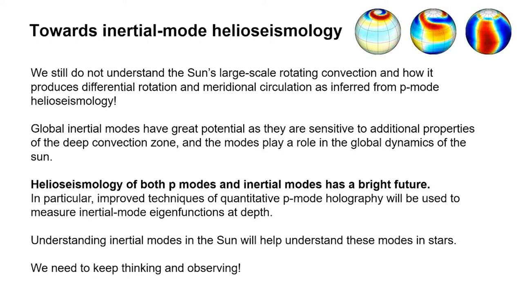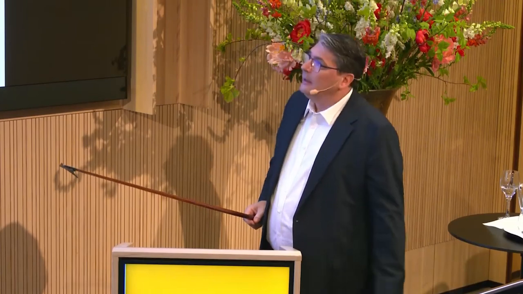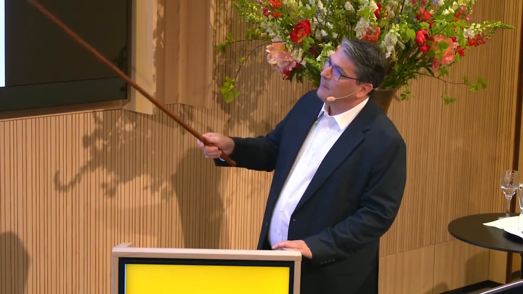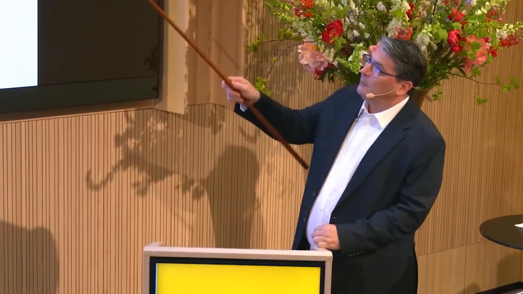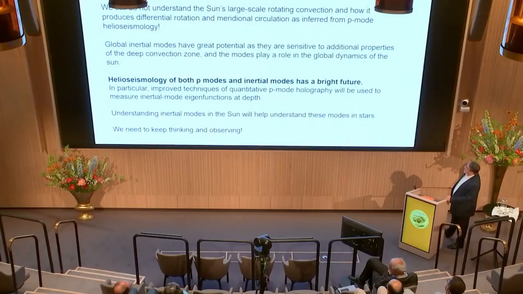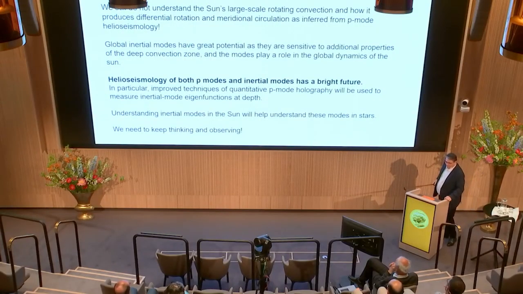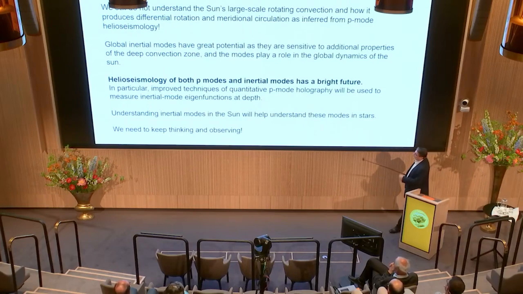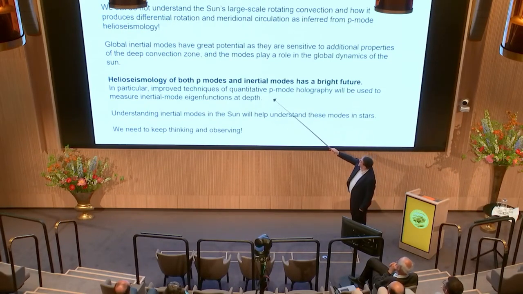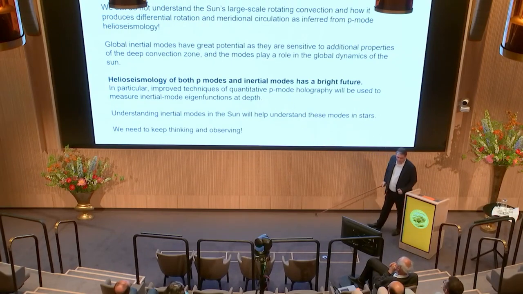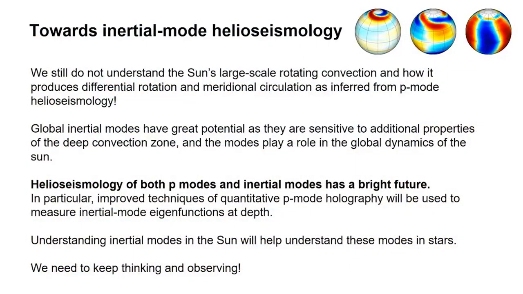These global inertial modes of the sun, I believe, have a great potential since they are sensitive to additional properties of the deep convection zone, such as the entropy gradients, the superadiabaticity, and the modes play a role in the global dynamics of the sun. So I would say here that helioseismology of both P modes and inertial modes still has a very bright future. There's still a lot to learn, and we have fantastic data to do a lot more work.